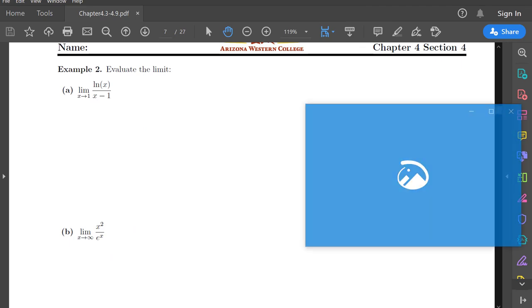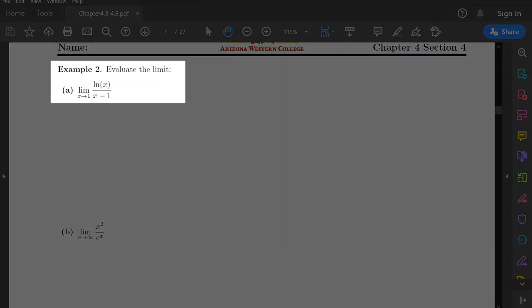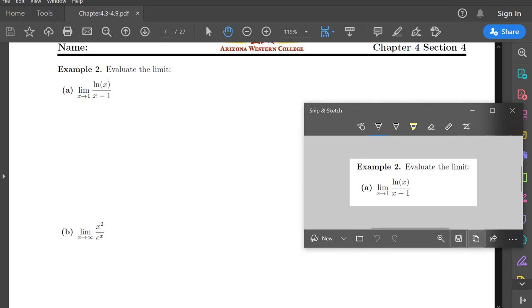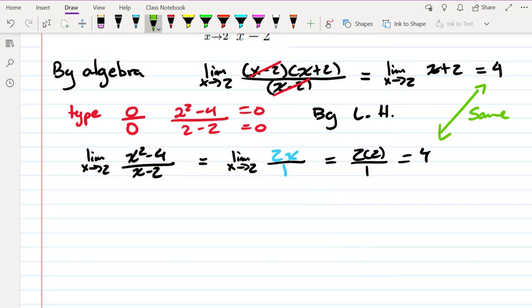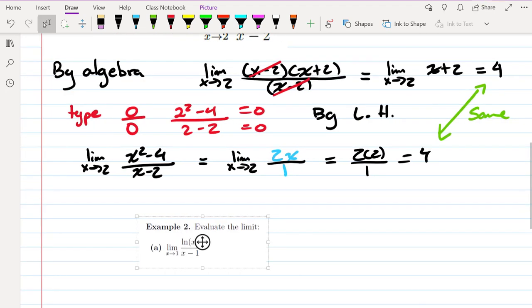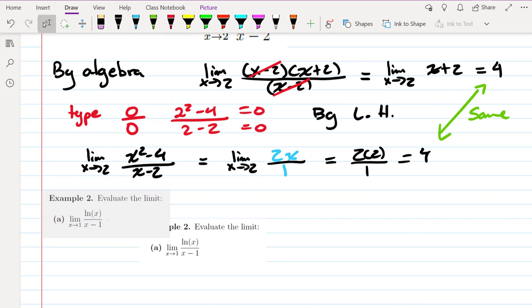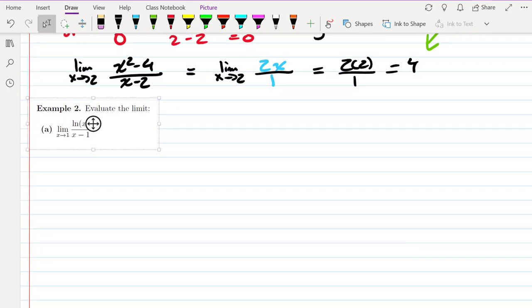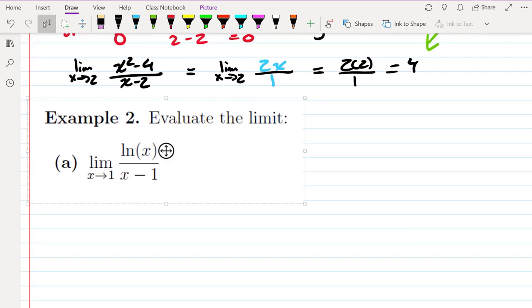So if we start with the one we looked at the very beginning, we want to evaluate this limit. First thing we'll notice is that there is no algebra that we can do that will allow us to simplify the natural logarithm of x over x minus 1.